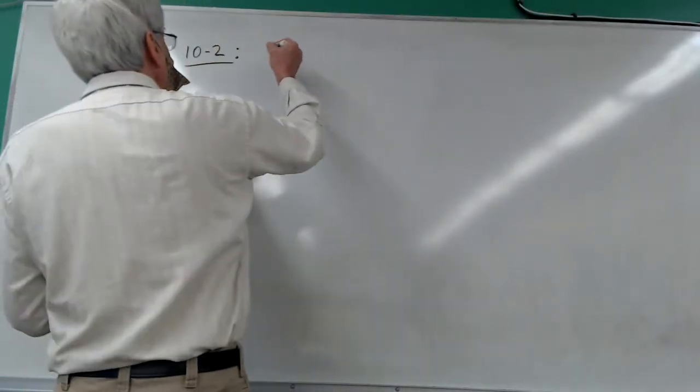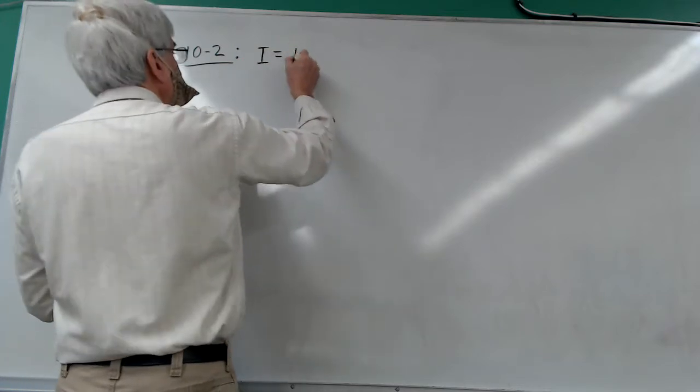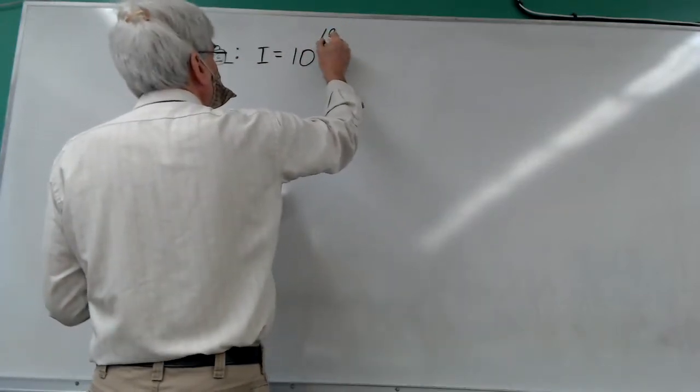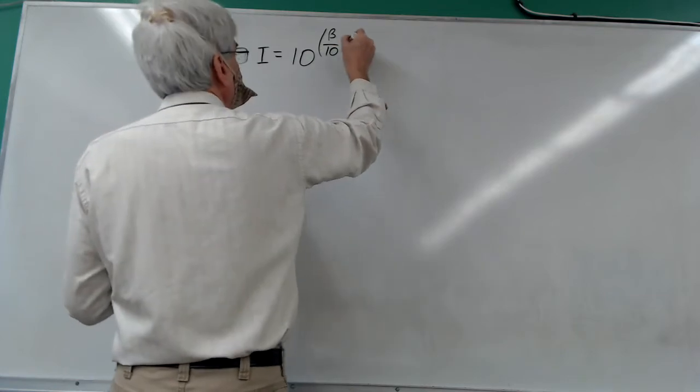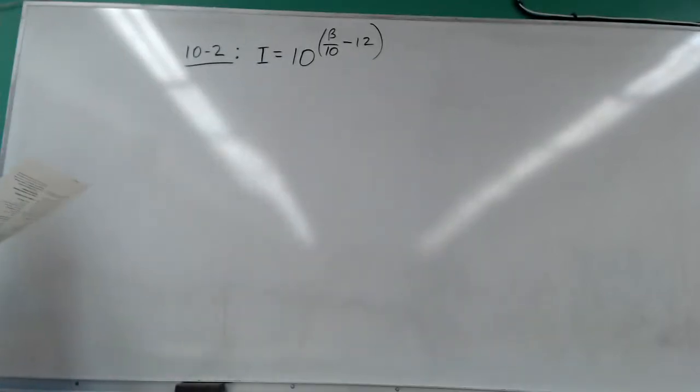The formula once again was that intensity is 10 to the beta over 10 minus 12. It's kind of a big cluttered up exponent.